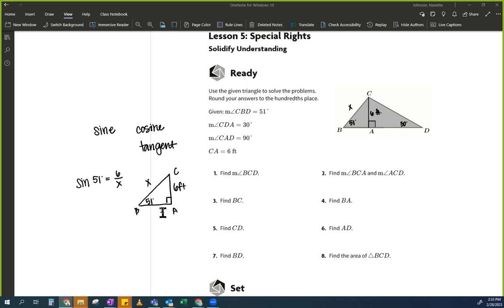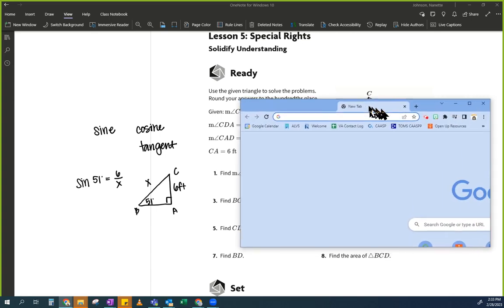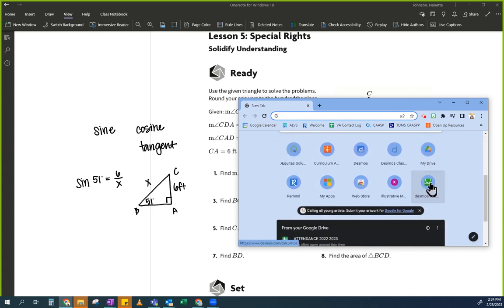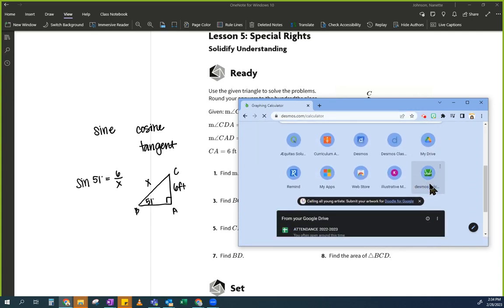And then now you would just solve it. So go ahead and solve this equation, and then we'll meet back up and make sure that you got the right answer. Actually plug it into your calculator as well, so that you guys can do that as well. I'll pull over my calculator.